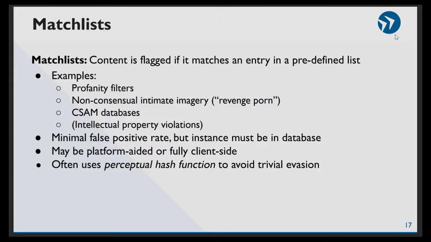Okay, so first we have matchlists. We just had a great example with the GIF-CT, so I won't dwell on this. Basically, you flag content if it matches some predefined list, or if it close to matches a predefined list. And the pros of this are the false positive rate is going to be lower than if you were using AI, probably.